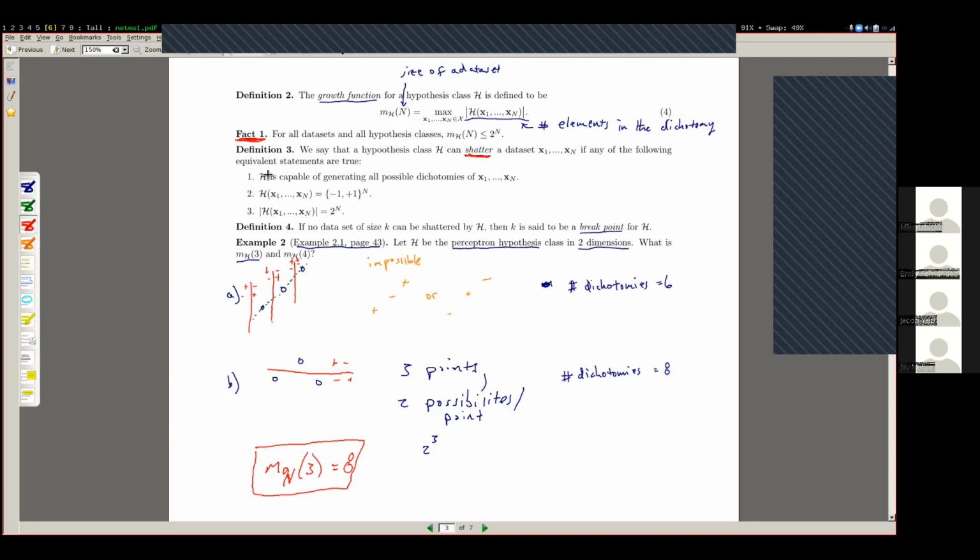That's equivalent to saying H is capable of generating all possible dichotomies. And similarly, this is what the actual set of dichotomies looks like: either a negative or a positive 1 in each location, and there's n of those negative and positive 1s. So all these statements are equivalent to each other. I usually think about this one as being, at least for me, the simplest one to think about.